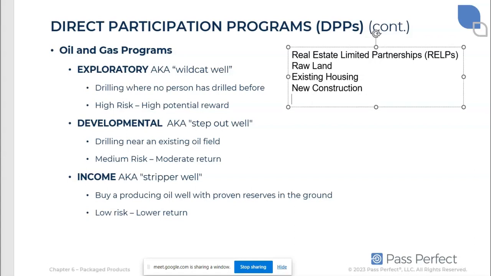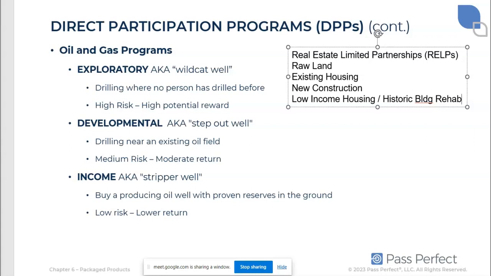Another one they do is low-income housing and historic building rehab. What's so good about those is, first off, there's always demand for low-income housing. But also, many communities will offer tax credits, and a tax credit is better than a tax deduction.